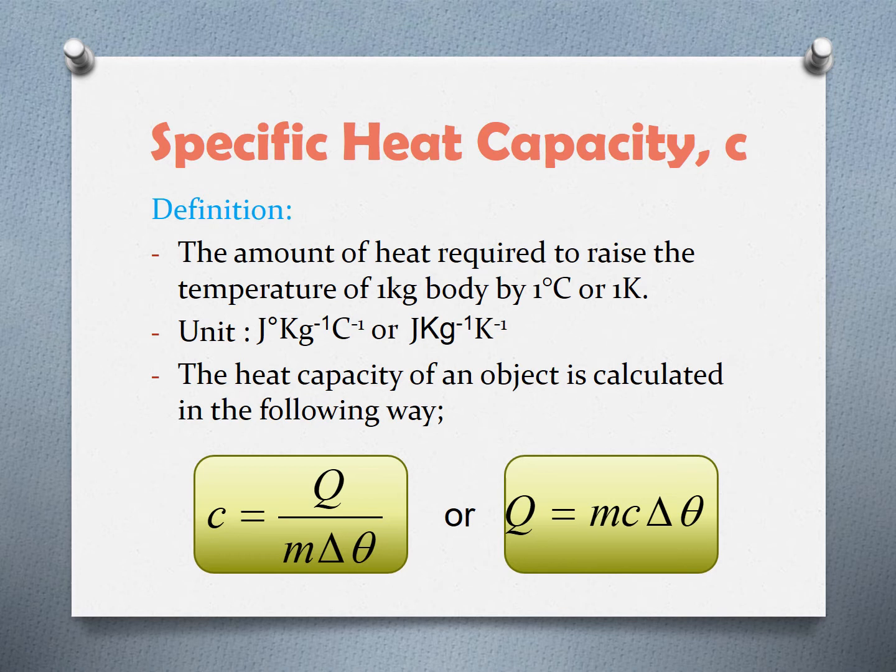The unit for specific heat capacity is joule per kilogram Kelvin, or joule per kilogram Celsius. The specific heat capacity of an object is calculated in the following way: c equals Q over m delta theta, or Q equals mc delta theta, where delta theta is the change in temperature.